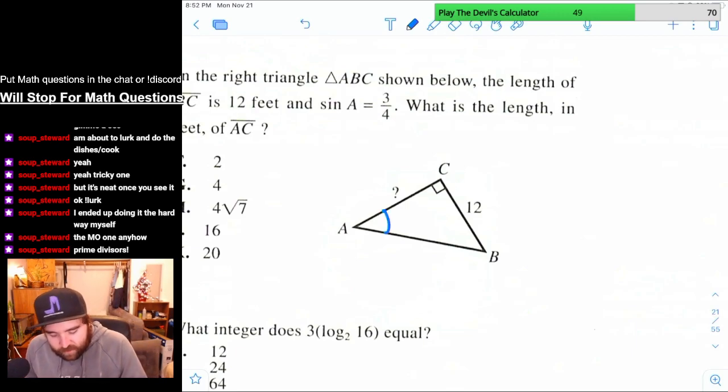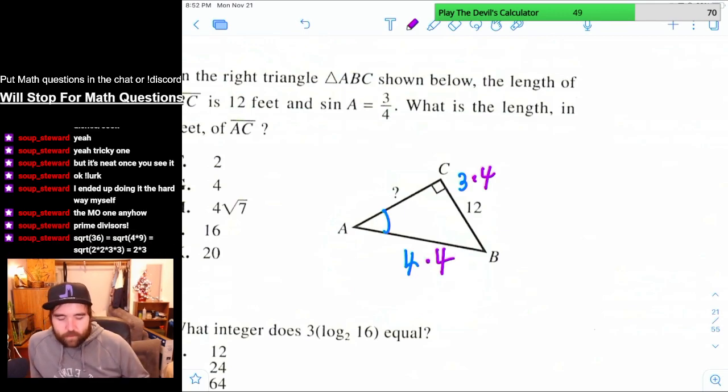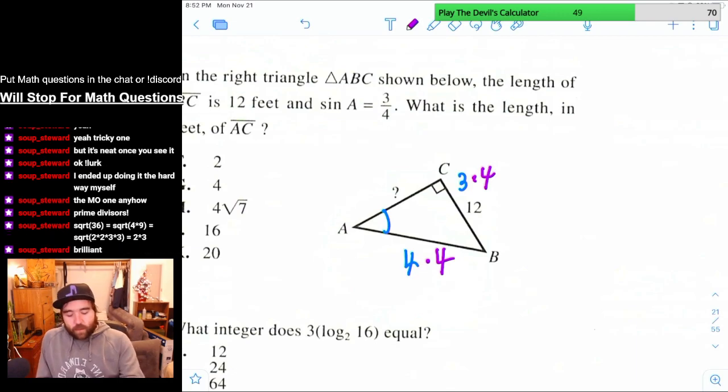So when they tell us this, they're telling us that if this was 3, this would be 4. But notice how this is not 3. This is 3 times 4. It's 12. So that just means that this is not 4, but it's 4 times 4. So this side is 16.